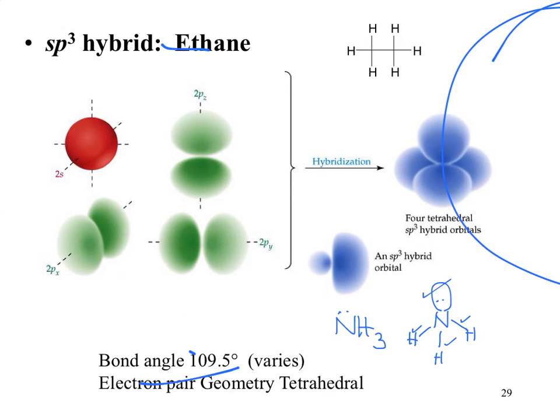So the nitrogen in this case would also be sp3. But since there is a lone pair present over here, it's going to repel the bonded electron pairs. And so the bond angle between the H and H bonds is going to be less than 109.5, and it has actually been found to be 107 because of the lone pair, which takes up space in the molecule.